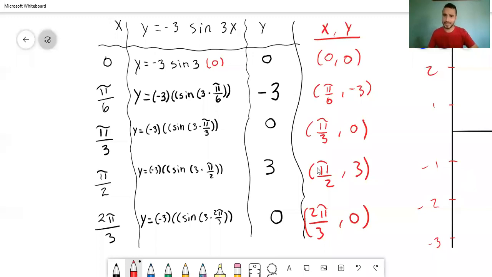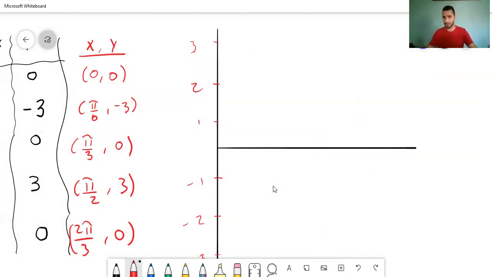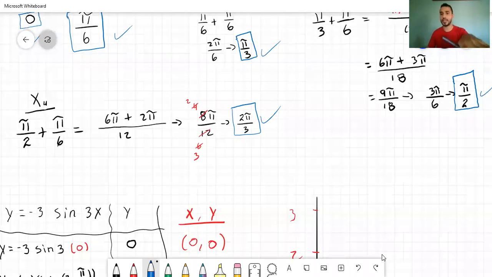And as you guys can see here, I have the Cartesian plane here for you to graph. So the first one is going to be 0, 0, so 0, 0 here. And by the way, I'm going to divide the x-axis into the x-intercepts, these ones I found here in blue.